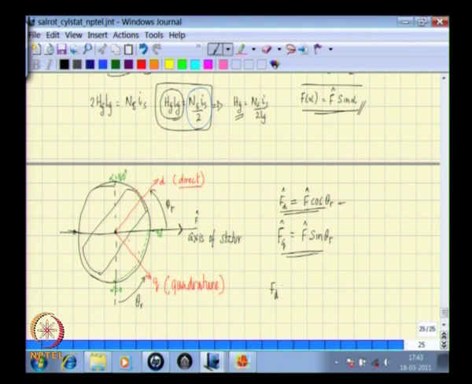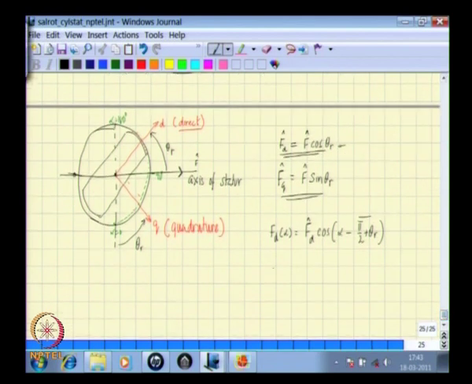F d as a function of alpha will then be this peak value f d hat multiplied by cos of alpha minus pi by 2 plus theta r. This would then describe the variation of that f d MMF in a sinusoidal fashion about that. F q of alpha will then be f q hat multiplied by cos of alpha minus theta r.